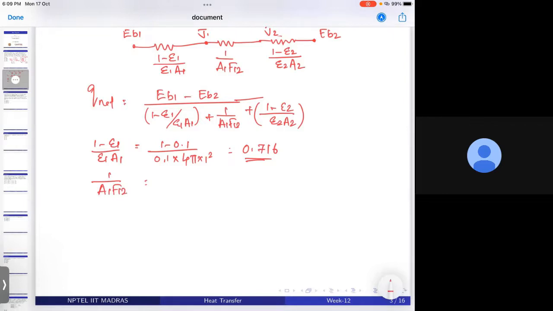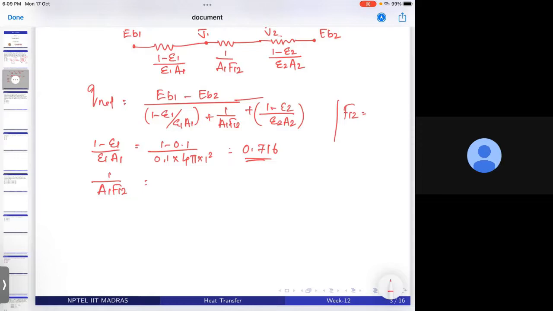F12 will be 1, as I already explained in the previous sessions also. Whatever radiation is emitted from the sphere, as it is completely enclosed in the cubic structure, will be completely absorbed by or reach the cubic enclosure.